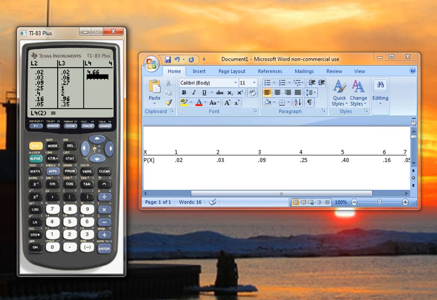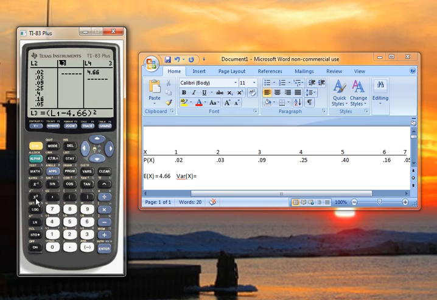I'm going to pause here for just a second. Alright guys, notice over here I typed in what our expected value, or our mu of x, is, and I also cleaned up L3. So now I'm going to find the variance, or the standard deviation squared. I've got my L3 highlighted, and the formula tells us that we need to take each data point, which is in L1, minus the mean, which we just calculated to be 4.66, and square it.